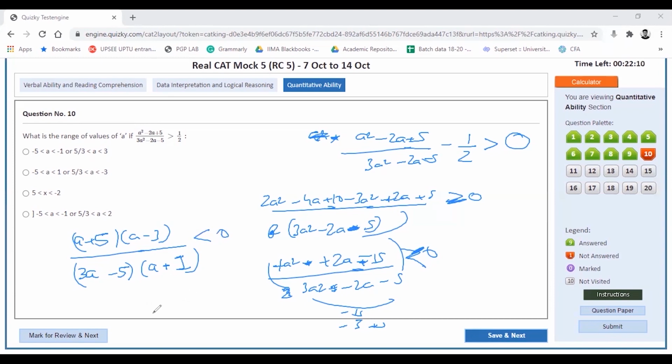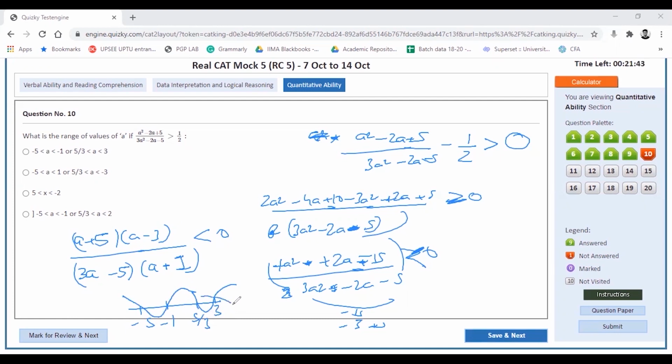I'll try to plot all these values on a single scale here. This is value of 3. This is 5 by 3. This is minus 5. This is minus 1. So I can do like this. I think this is a far easier method in my opinion.